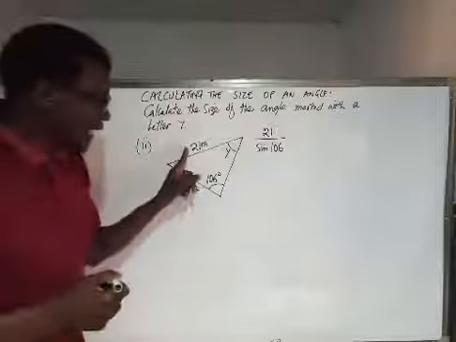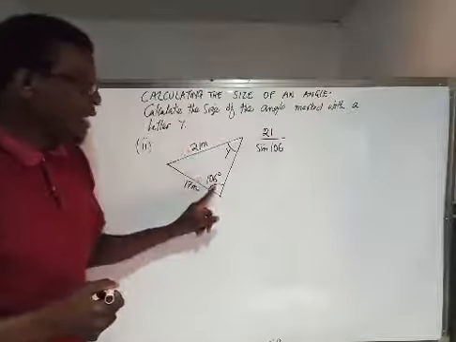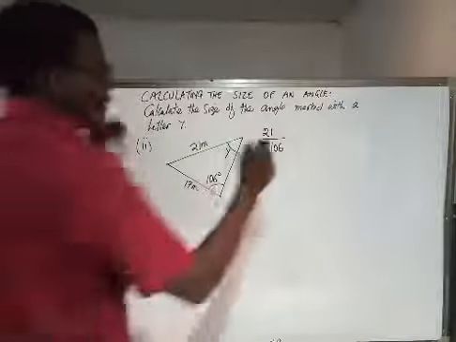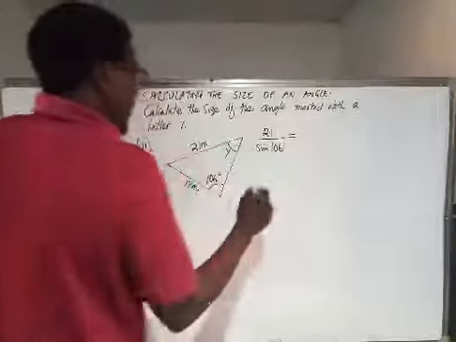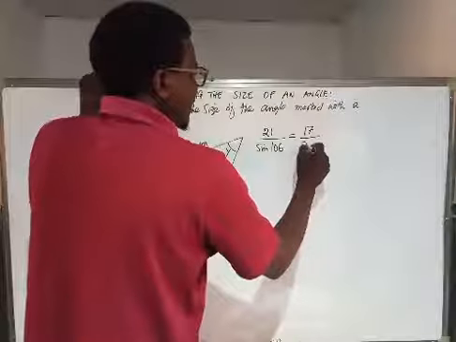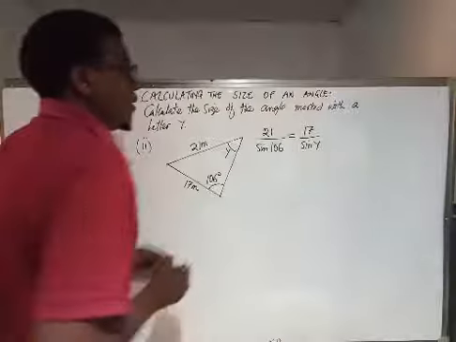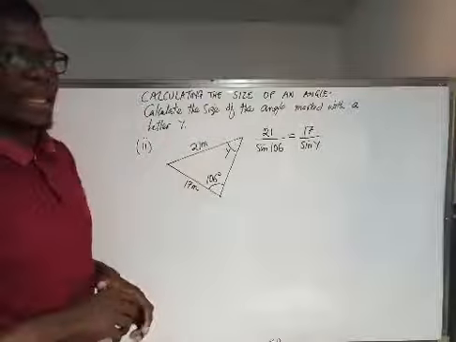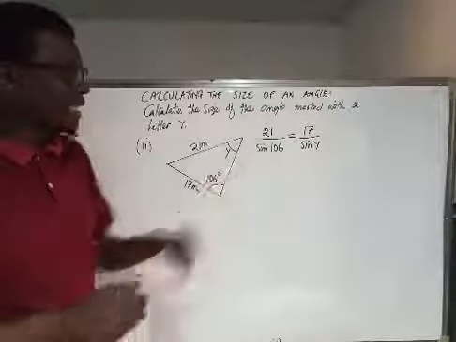Even here we are saying the length 17, compare it to the sine of its corresponding angle, which is Y. Once you have compared like that, cross multiply.